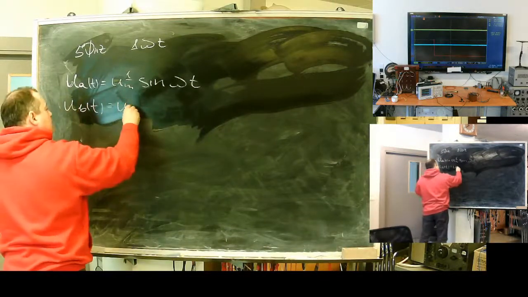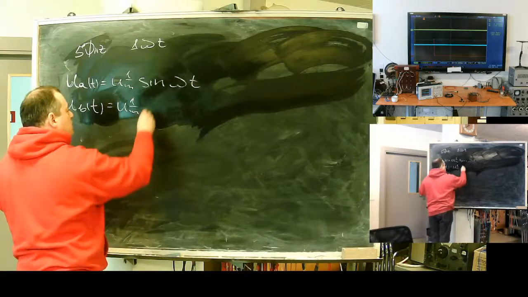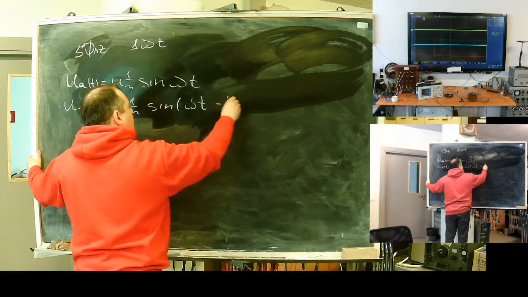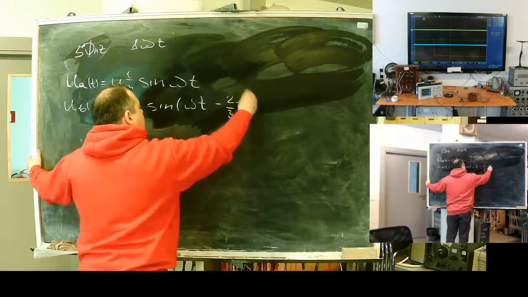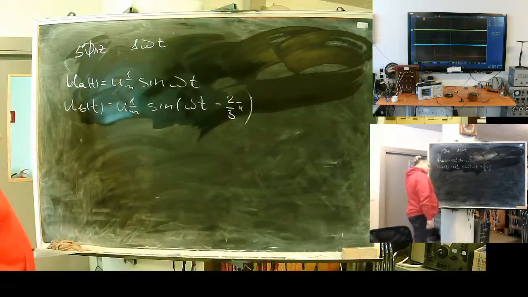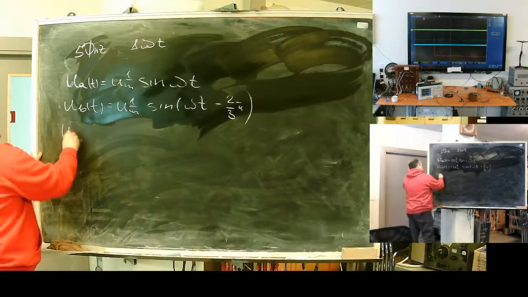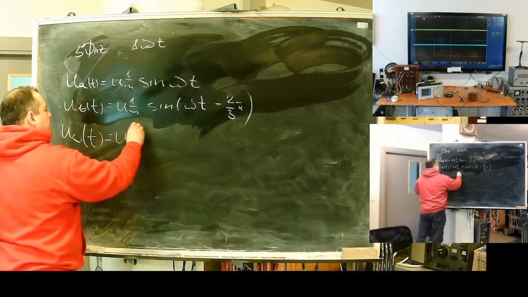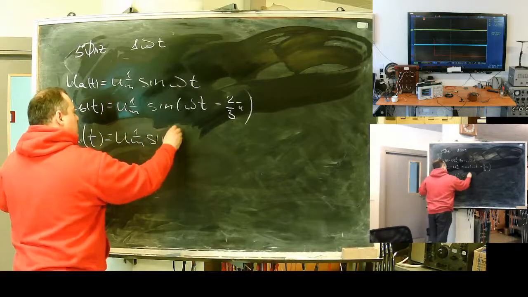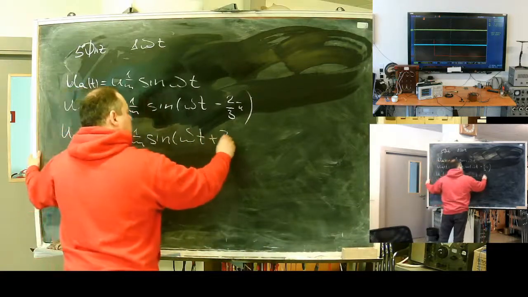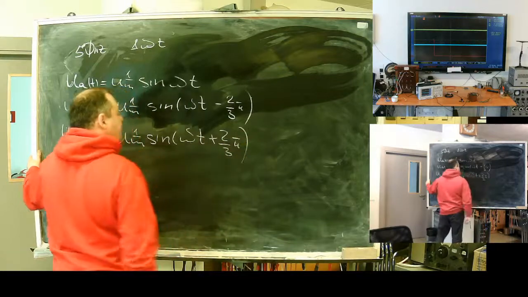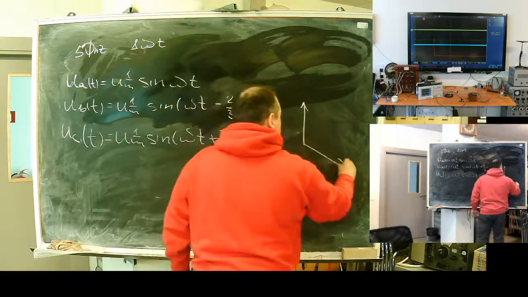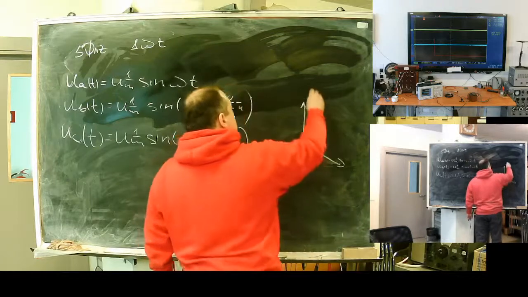B phase will be the same sine omega t minus 2/3 of pi. And the C phase will have sine omega t plus 2/3 of pi.